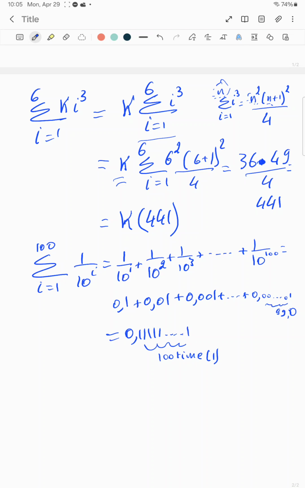Let's do the last example, it can be a trigonometric function too. So let's do one with a trigonometric function. The sum k equal 1 to 8 of sine of (k pi over 2).